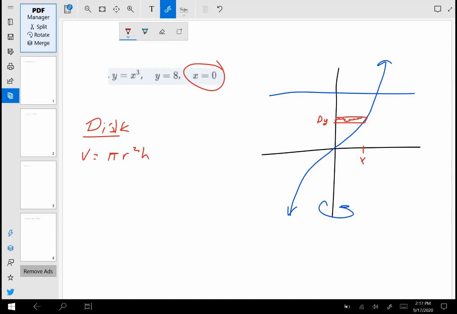But we're integrating with respect to y, so we need the x coordinate in terms of y. So we look at our function and say, okay, for my radius, we're going to have x equals the cube root of y.